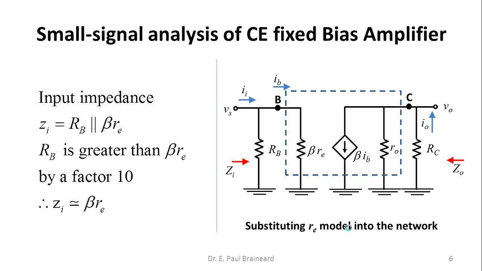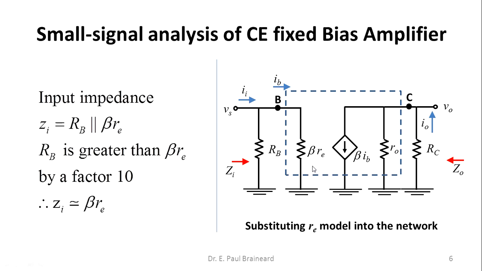Well, now this is the input circuit and this is the output circuit. If you look at the input circuit, the input impedance is nothing but the parallel combination of RB and beta re. The value of RB is greater than beta re.